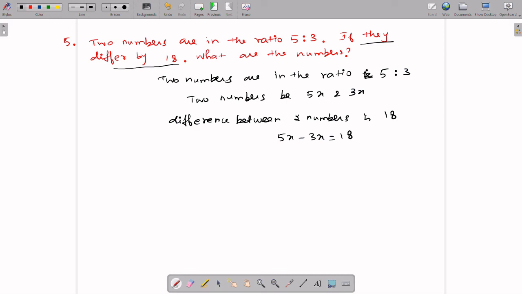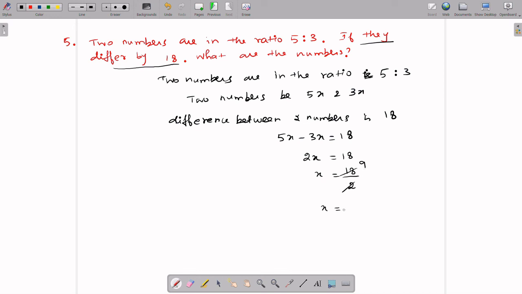What is 5x minus 3x? That is 2x. So 2x is equal to 18, and x is equal to 18 by 2, taking the 2 to the denominator. 9 times 2 is 18, so x is equal to 9.